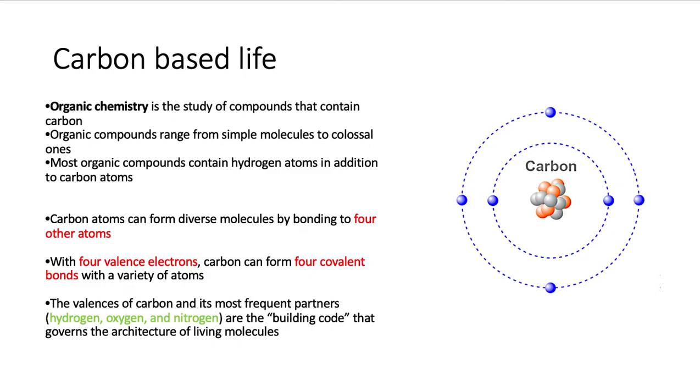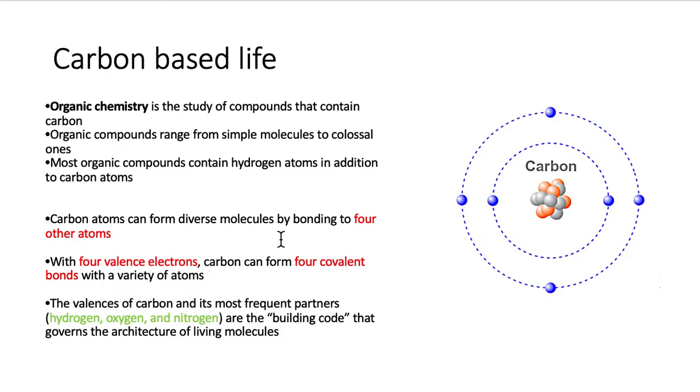So organic chemistry is the study of compounds that contain carbon, and it ranges from simple molecules to large and more complex ones. Based on our knowledge, most of the organic compounds are made of carbon and hydrogen that is attached to a carbon with covalent bond.